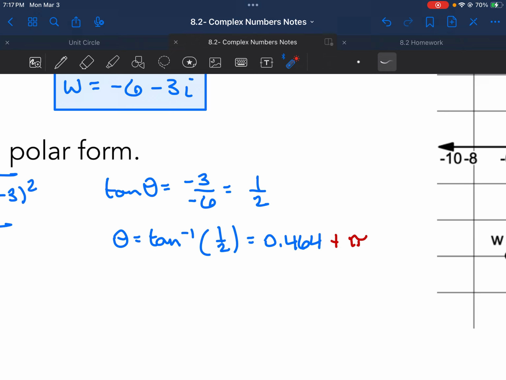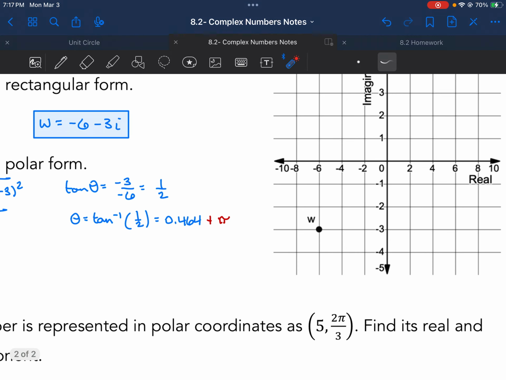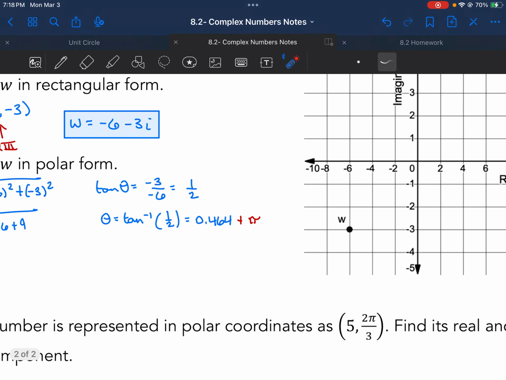If the point as an xy pair is supposed to be in quadrant 2 or 3, we add pi to it. If the point is supposed to be in quadrant 4, we add 2 pi to it. So since this point is in quadrant 3, whatever angle the calculator gives us, we add pi to it. So go ahead and add pi to it, plus pi, and we get 3.605.